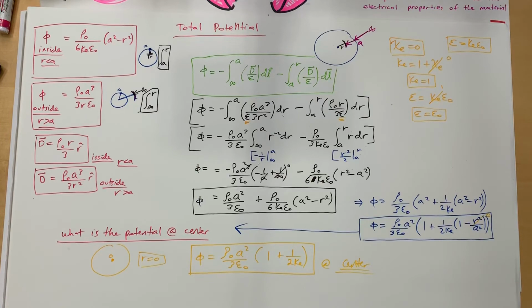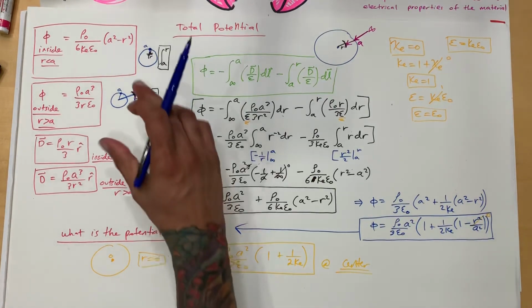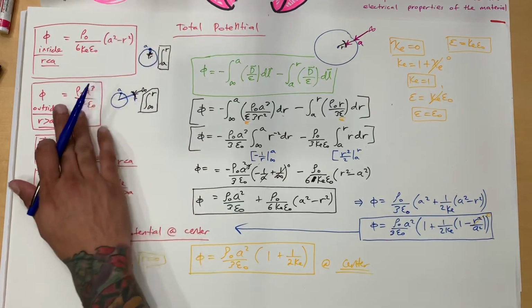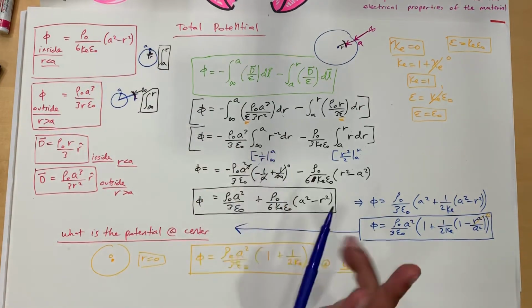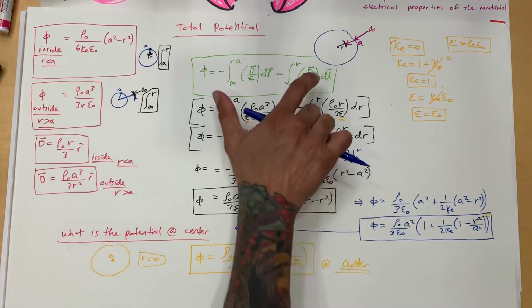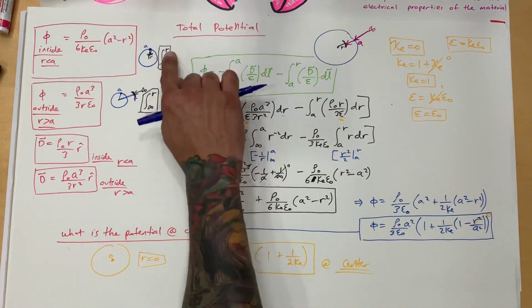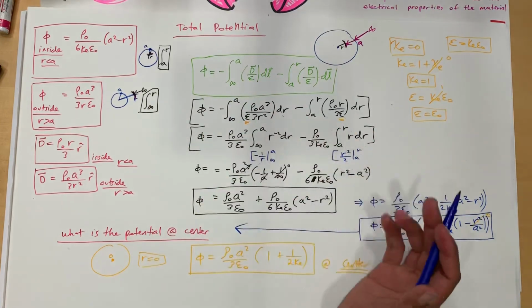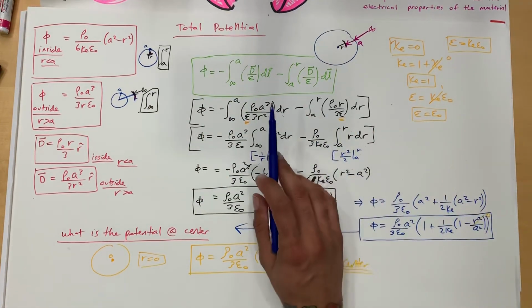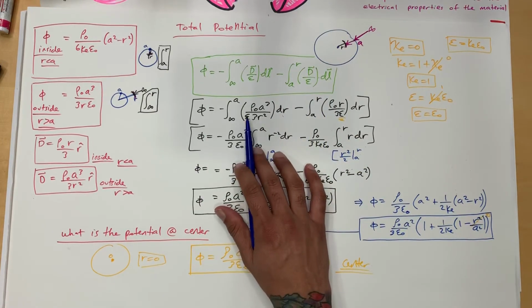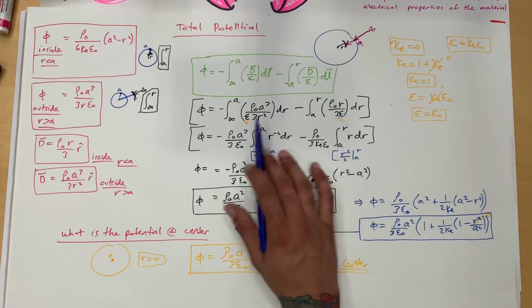Okay, so something to look out for is thinking that finding the potential on the inside and finding the potential on the outside separately, you can add up to give you the total potential. So always look out for these integrals, because these are the ones that throw off the whole problem. Then once you find the total potential, you have to understand where you're at as far as the material goes.